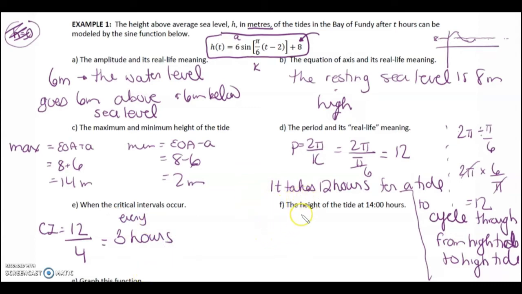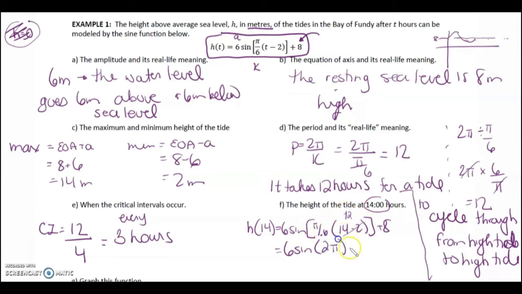And then F is kind of like a one-off. What's the height of the tide at 14 hours, right? We can just do H at 14 equals 6 sine pi by 6, 14 minus 2 plus 8. And how I would calculate this, I would leave 6 sine, and then I would do, well, what's 14 minus 2? It's 12. So 12 over 6 is 2.